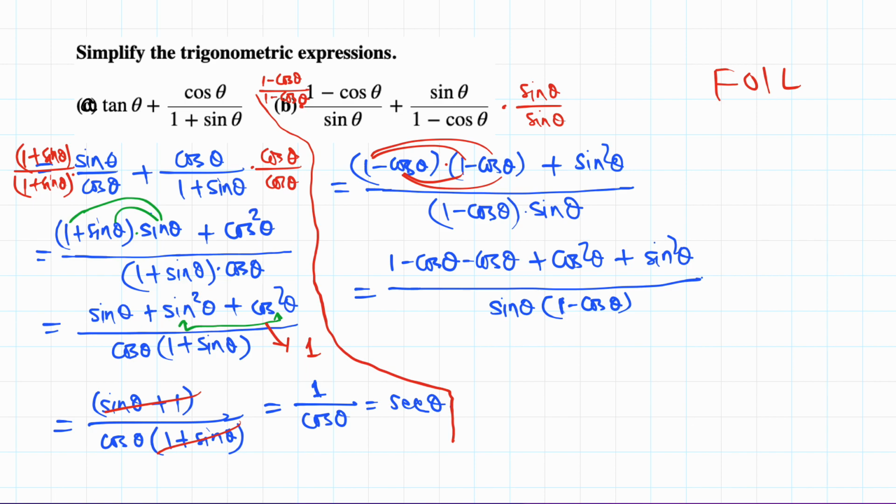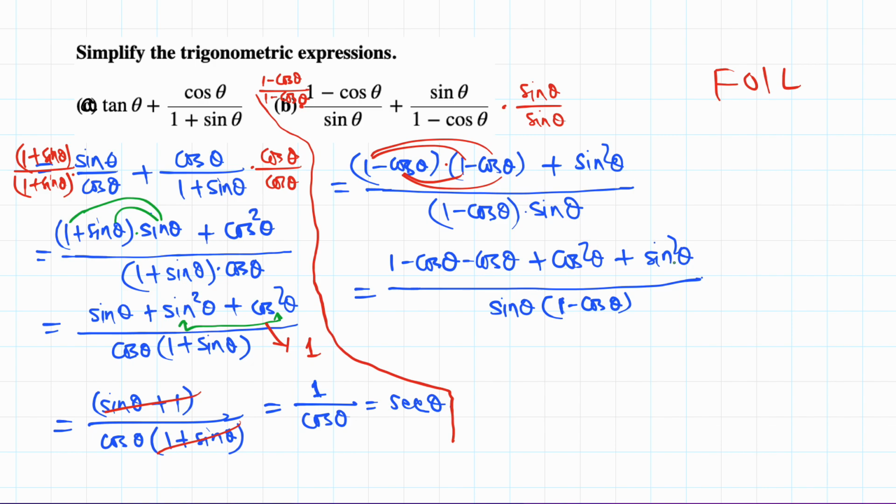Okay, we are getting there. We need to combine like terms on the top, and the bottom is already factored: sine theta times quantity 1 minus cosine. Hopefully something cancels later. If we look at the top closely, negative cosine and another negative cosine combine to negative 2 cosine theta.